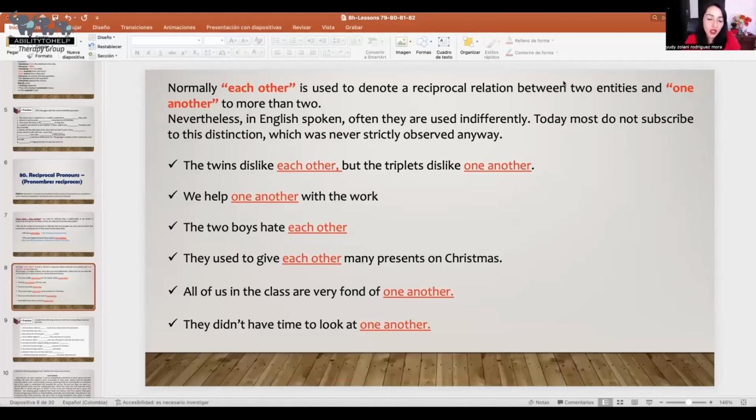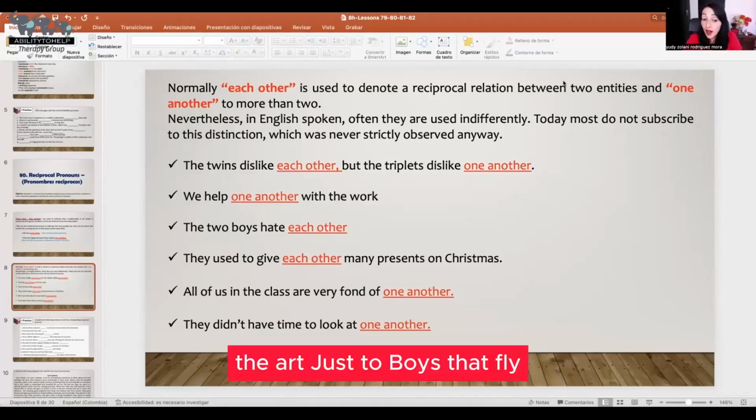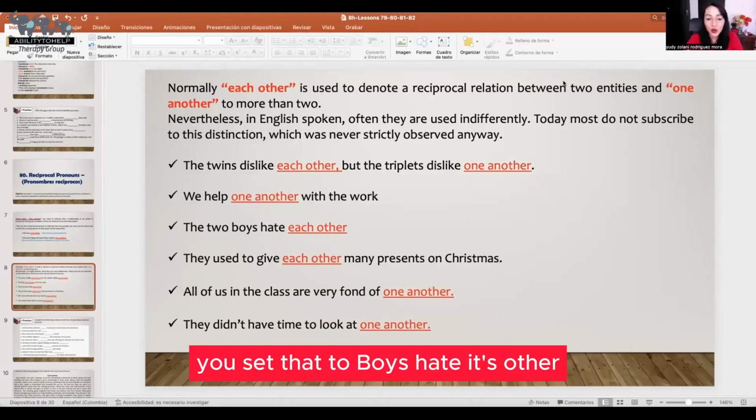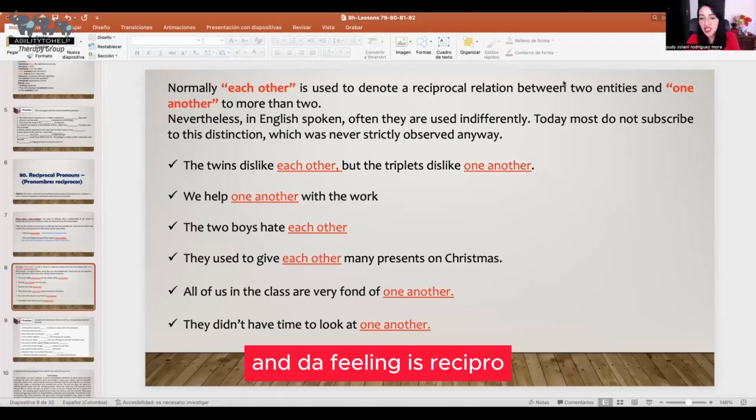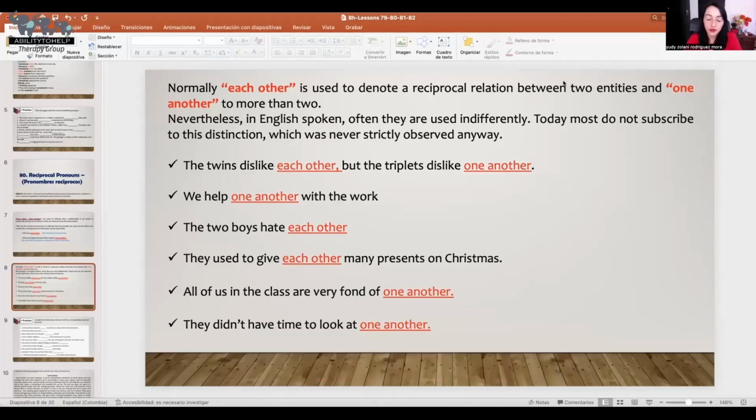The third one says, the two boys hate each other. Each other because there are just two boys. So that's why you say the two boys hate each other. And the feeling is reciprocal.